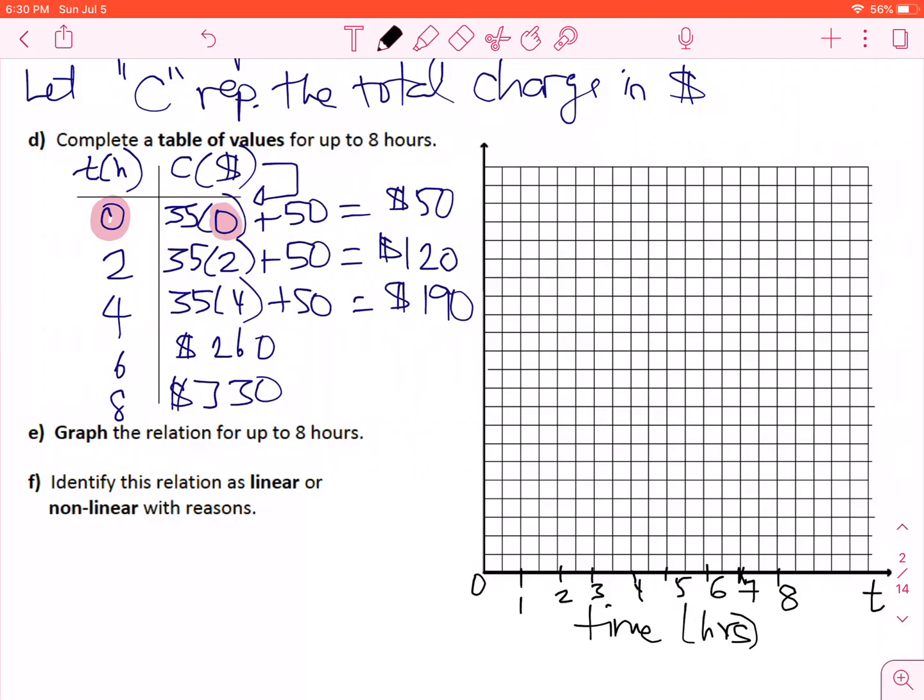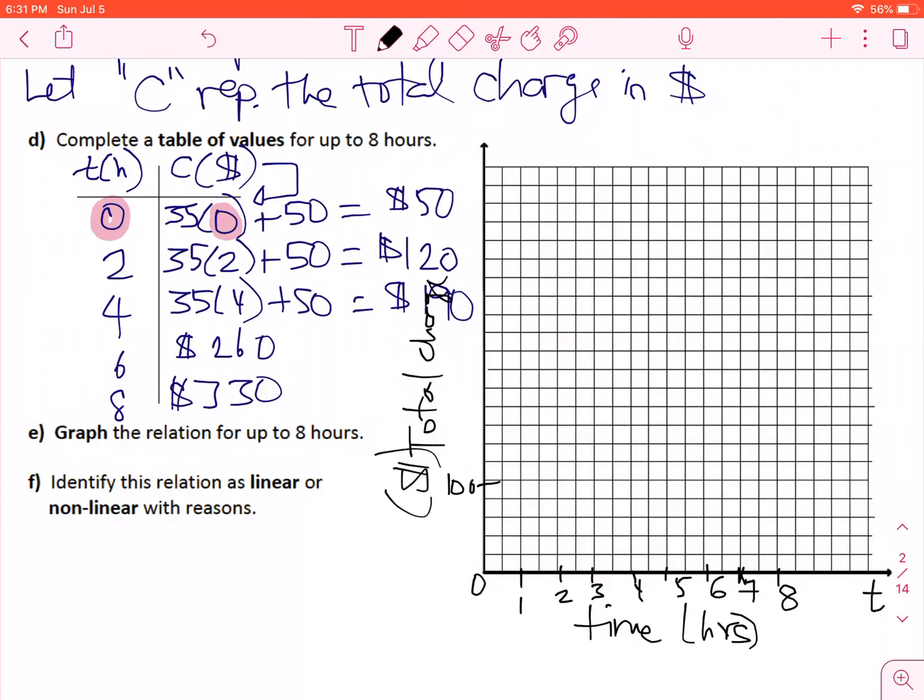Now we'll look at total charge. So total charge, this is in dollars. We have a lot of space. Our lowest value is 50 and our highest value is 330. So it probably would make sense if we went up by 20, 40, 60, 80, 100. We can go every 5 boxes, so one box represents 20.